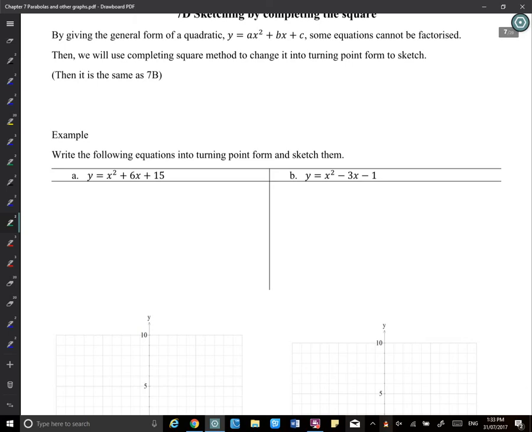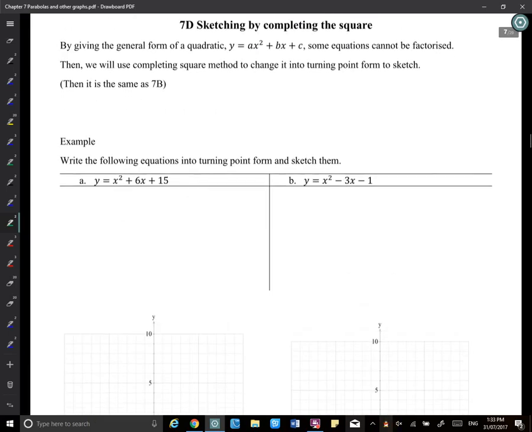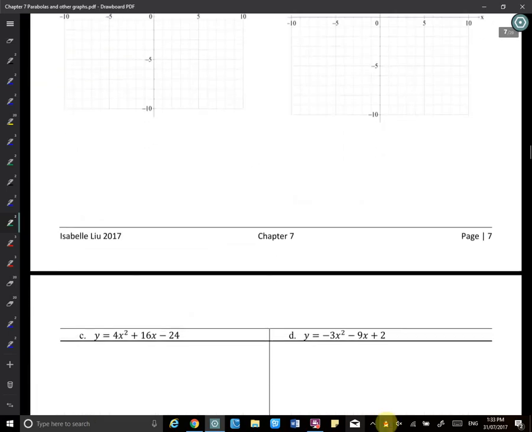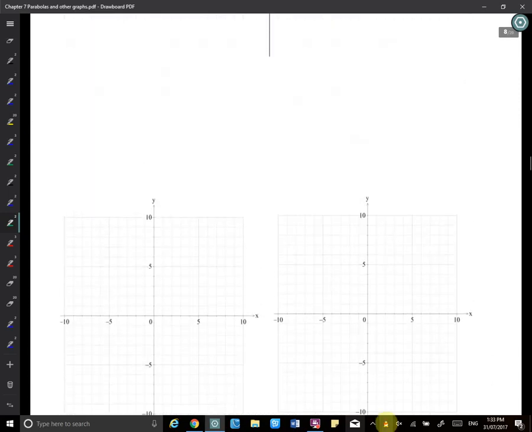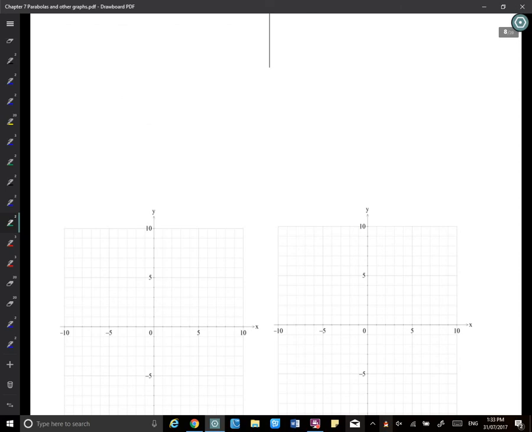I want to see the turning point form. If I know the turning point form, I can make sure what the turning point is, and I can sketch using the way I taught you in this lesson. So can you change all of that into turning point form for A, B, C, and D? 4 questions. Change by completing the square. You have learned that in the previous exercise.